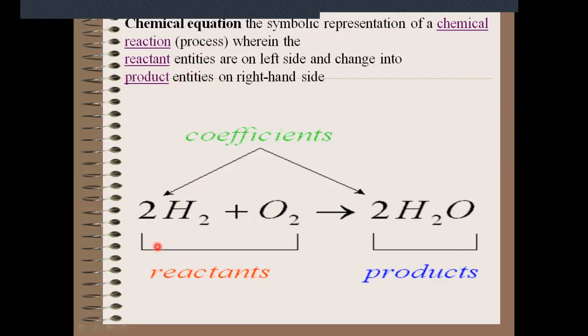In a chemical equation, reactants are written on the left hand side. Reactants are substances that take part in a chemical reaction, while products are written on the right hand side. Products are substances that are formed as a result of a chemical reaction, and coefficients are the numbers which are written in front of the molecules.